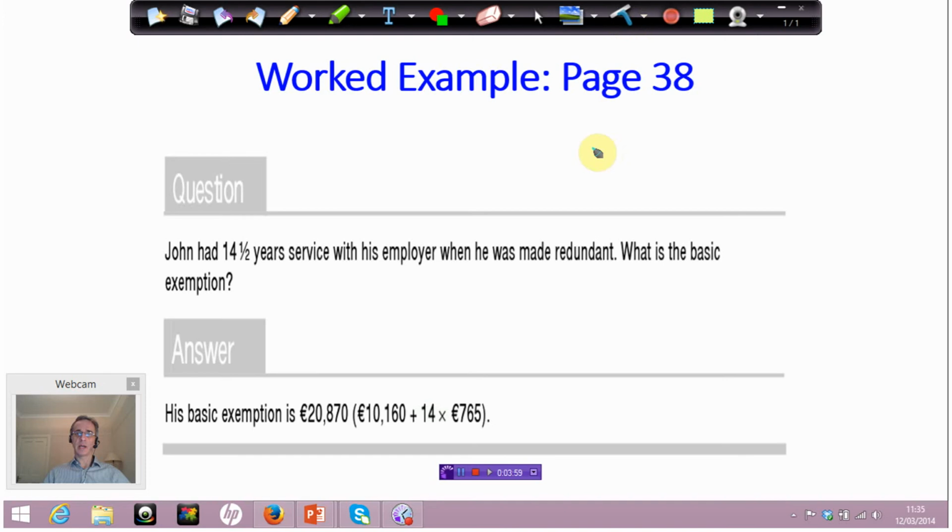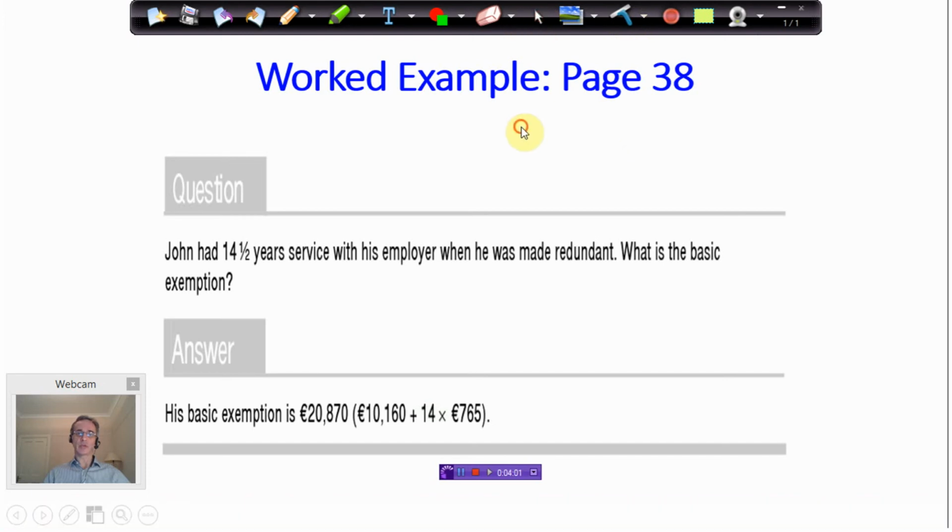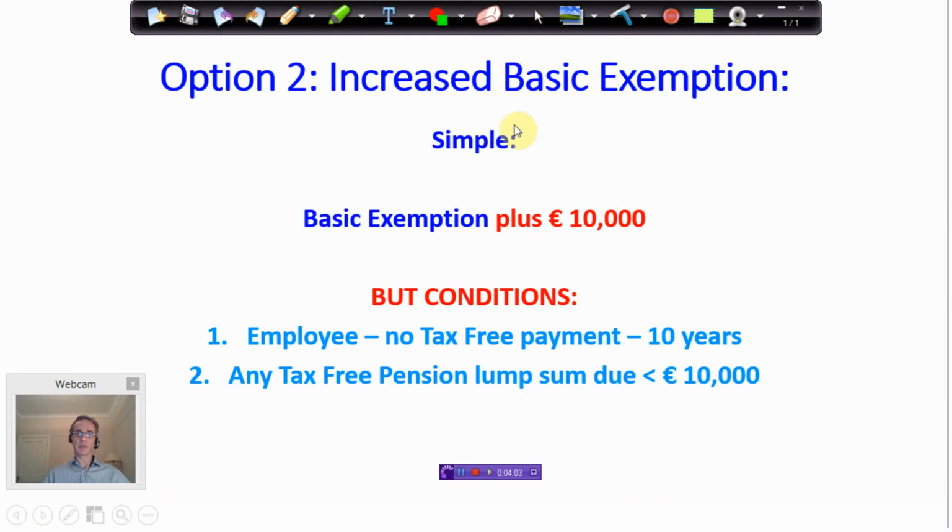Let's move on now to the increased basic exemption. Again, it's fairly straightforward, but subject to a couple of conditions. All we're looking to do here is add €10,000 on top of our basic exemption. But, and there are always conditions when the Revenue give us anything, the conditions are that the individual has not had a tax-free redundancy payment in the last 10 years.